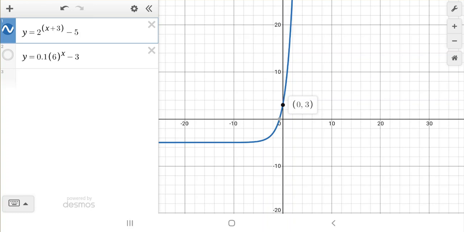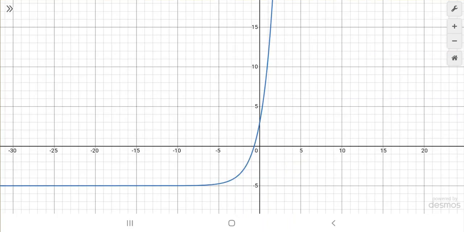So let's have a look. We can see our graph here. Our lowest point, where our asymptote would be, is on the line y equals -5. We have our intercept here, which is at 0 and 3.